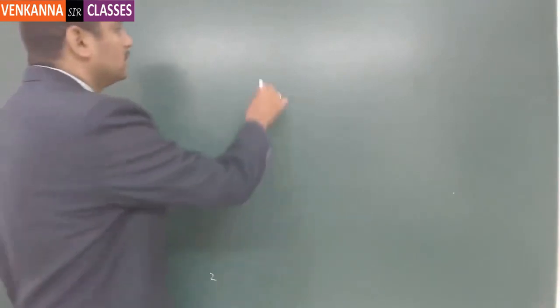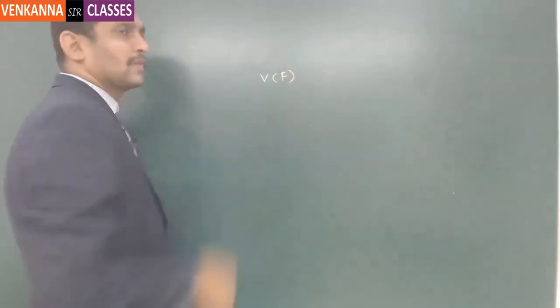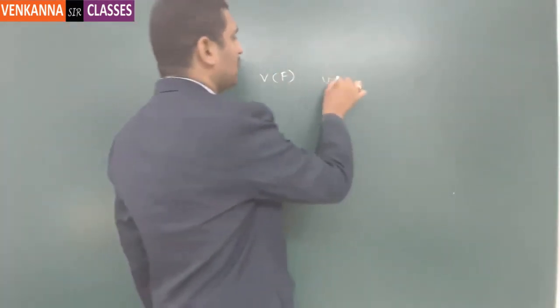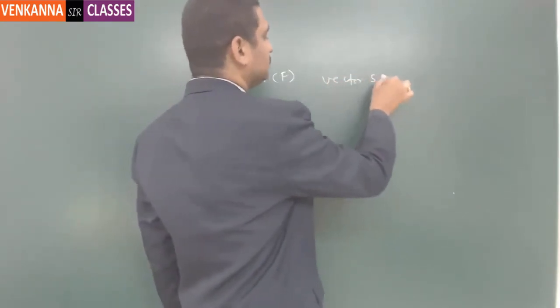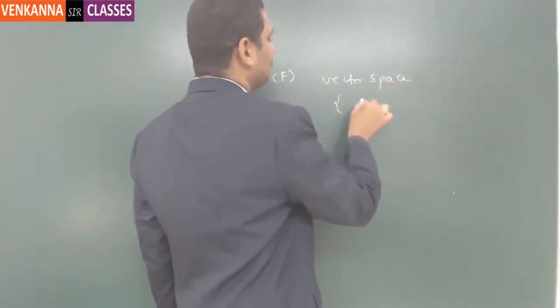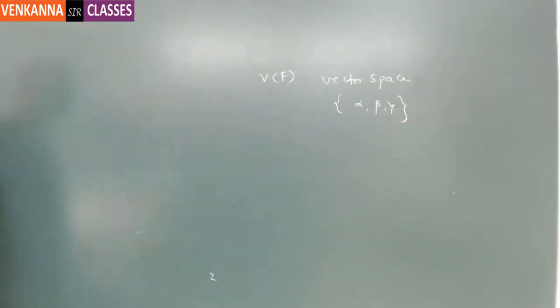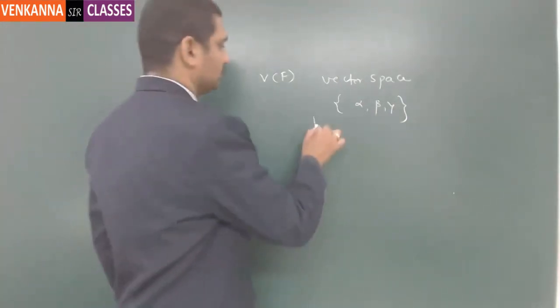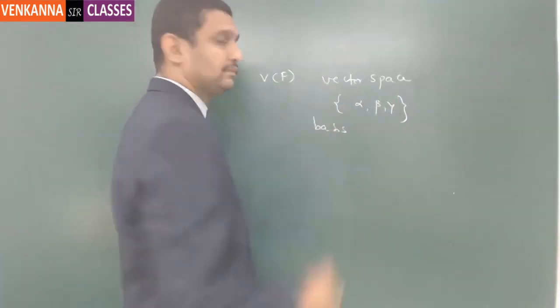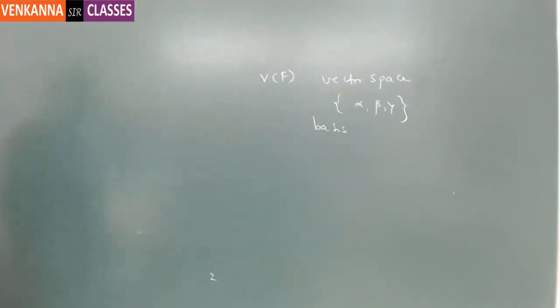The usual procedure is, suppose V of F is a vector space and say alpha, beta, gamma is a basis in V. So you should prove that the set spans the given vector space and it is linearly independent.